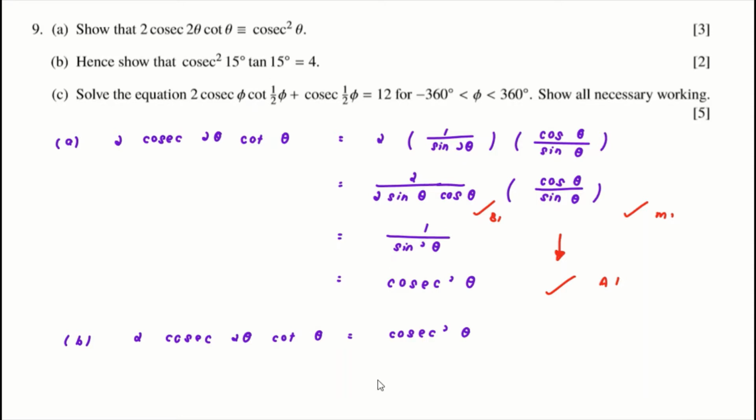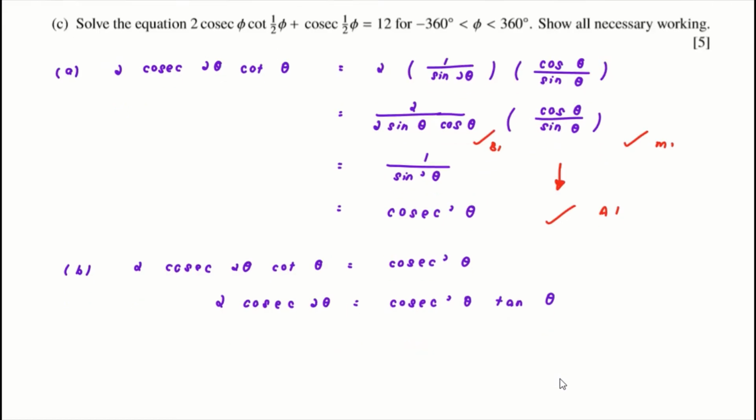So what happened here is you might need to move this to the back. So this is 1 over tangent, right? So you can straight away move tangent. So which means 2 second cosecant 2 theta equals cosecant square theta tangent theta.